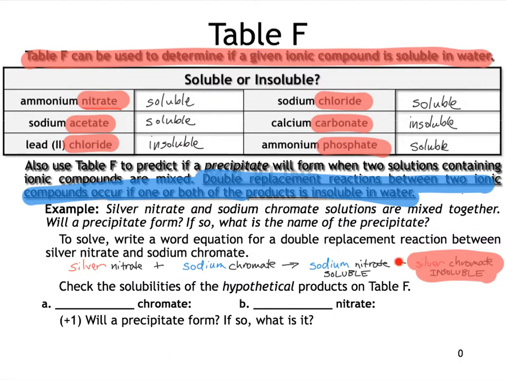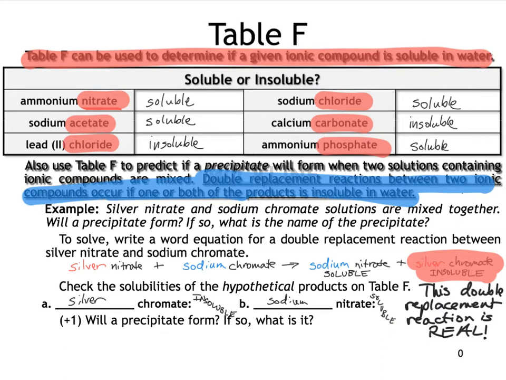This is what a precipitate would be. This is the insoluble product. So if a precipitate is forming, then we can safely assume that the double replacement reaction is not hypothetical, it's real. All right, and just to fill in the information here at the end, which we've already talked about. And will a precipitate form? Yes, and its identity is silver chromate.